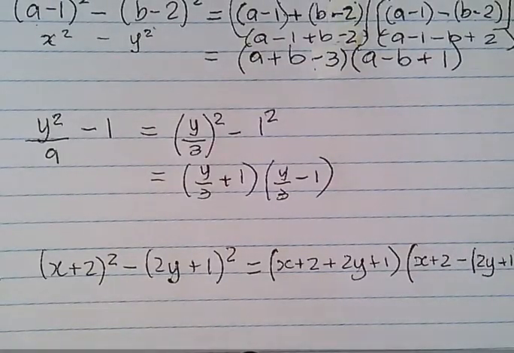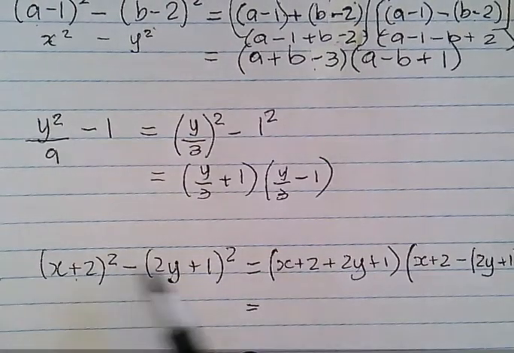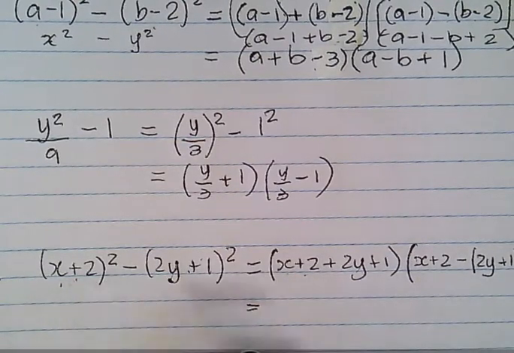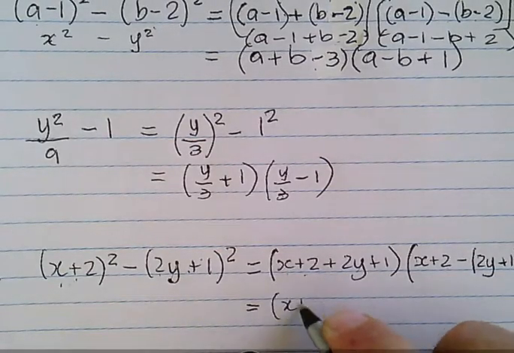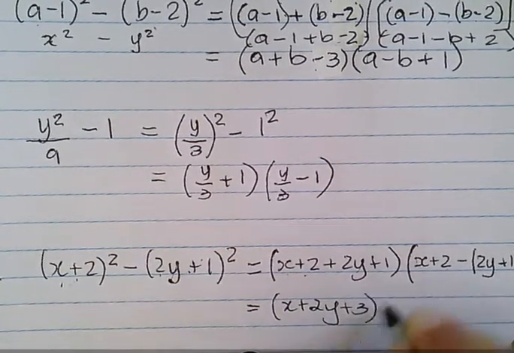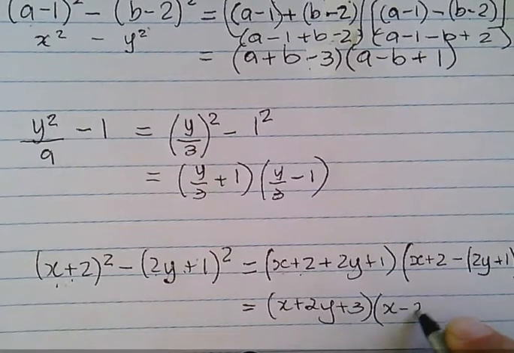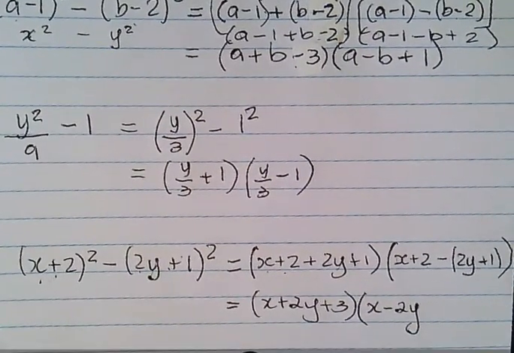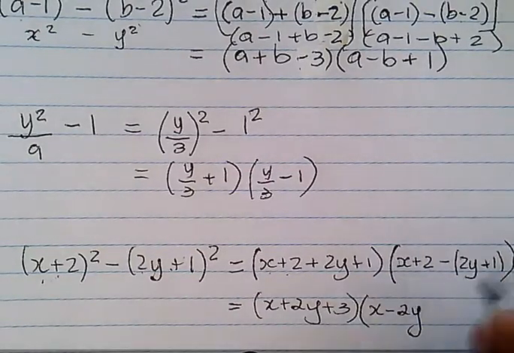Because these are all both positive things, it's okay. A plus b, you don't need the brackets, and the a, you don't need a bracket. Minus that. So you've just got x plus 2y plus 3. What do we got here? x minus 2y, what? Plus 1, because it's plus 2 minus 1.